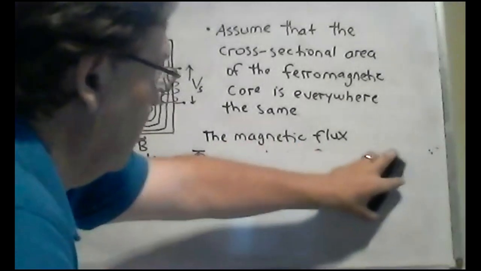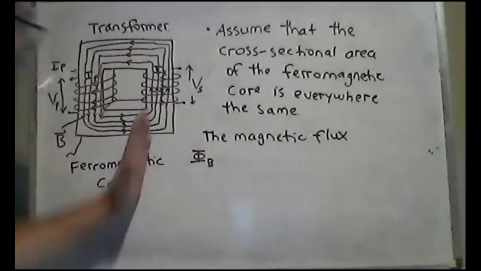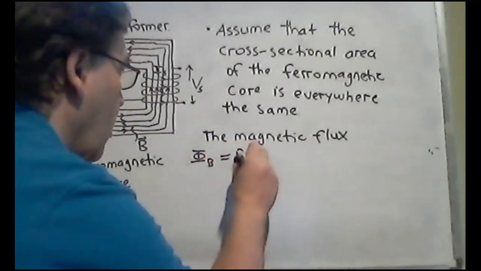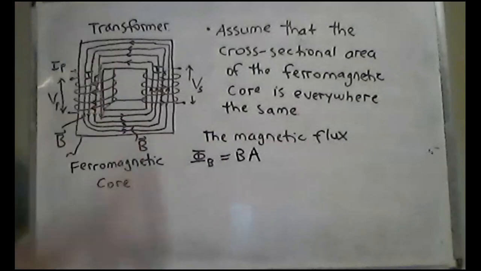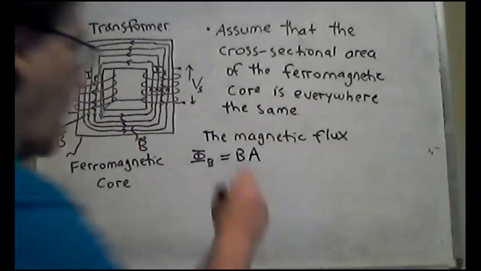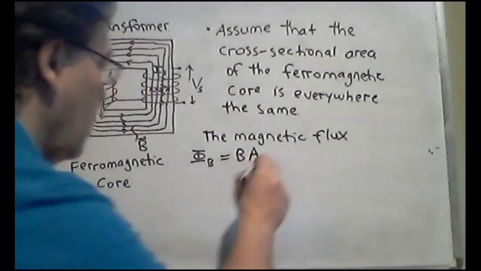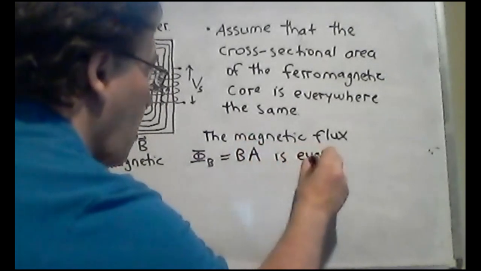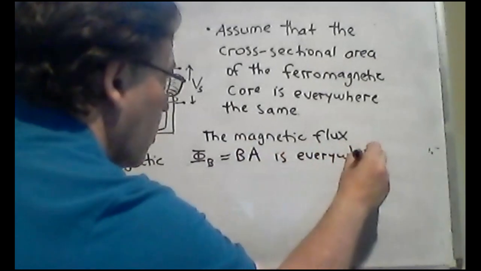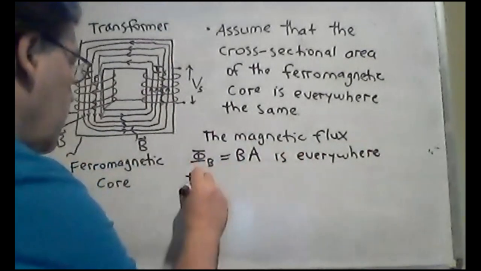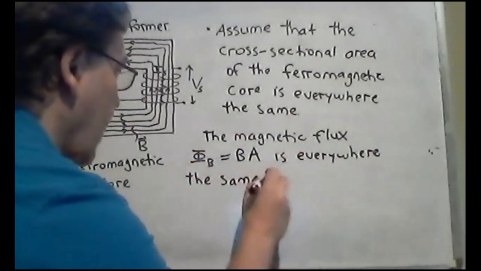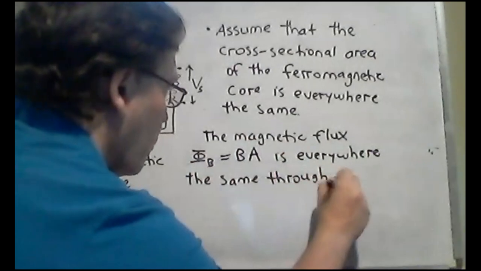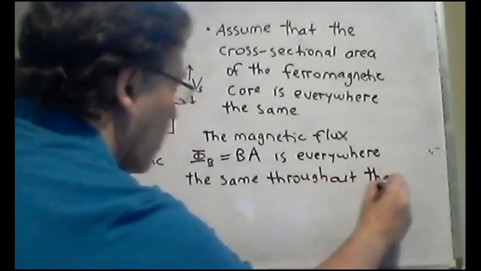The magnetic field and the area normal are lined up, so it's simply BA. A is the cross-sectional area, right? So magnetic flux equals BA, and is everywhere the same throughout the ferromagnetic core. All right.